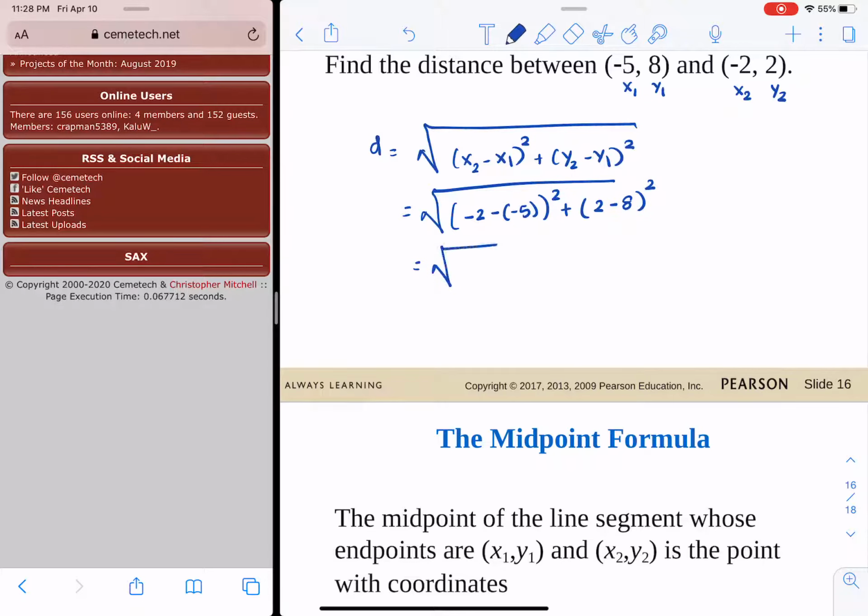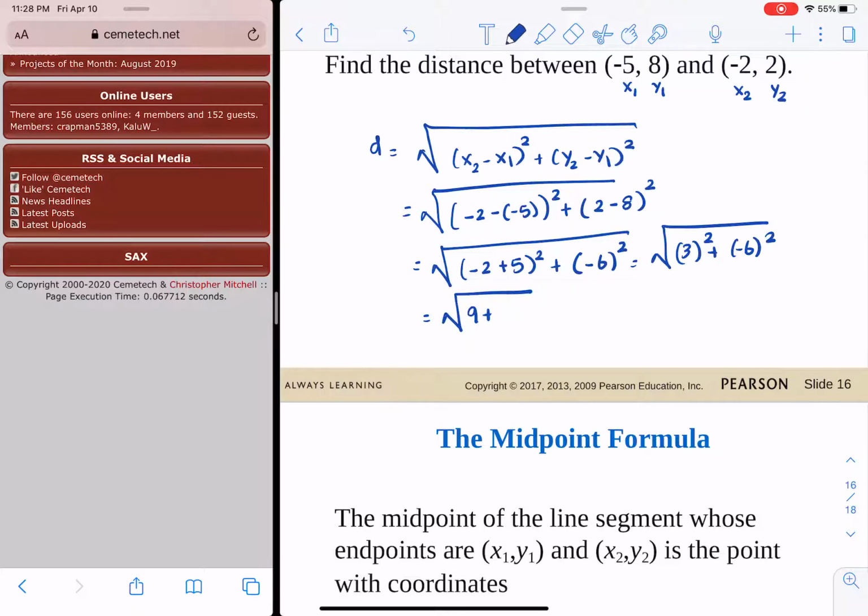So we have square root of negative 2 minus negative 5, which is positive 5. 2 minus 8 is negative 6. Negative 2 plus 5 is 3. Negative 6 squared. 3 squared is 9. 6 squared is 36. And we have square root of 45.